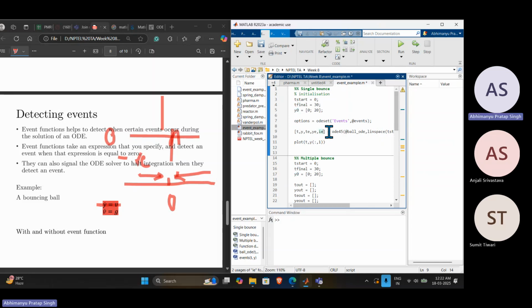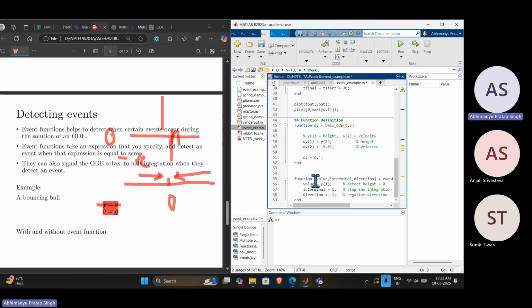Now the output, if in case I'm using the event function, I can just write t, y, that is also fine. But I get three additional outputs out of them. The first one is the time at which the event is happening, then the value of y at that time, and the index of that event, like what's the instance.